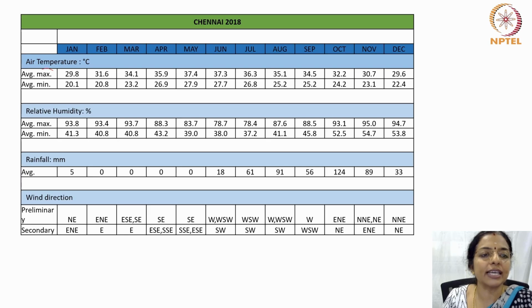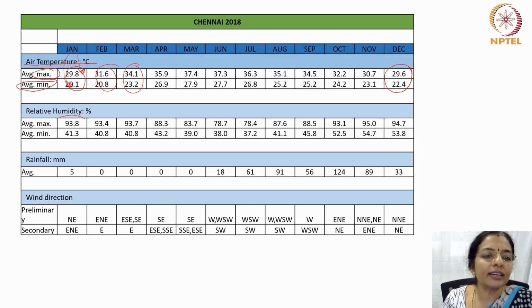So you can see the average maximum and average minimum air temperature is entered like this. I will demonstrate it also in the forthcoming slides. So for January, what is the average maximum temperature? For January, what is the average minimum air temperature? And so on. Like this, you enter this till December.